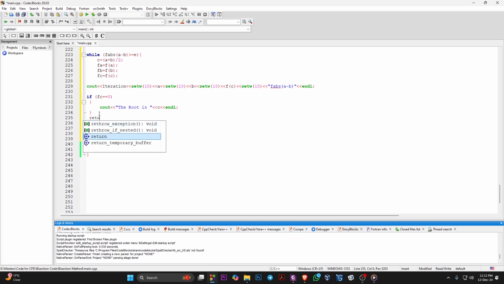Return 0. If not this, we want to update our interval section on iteration.